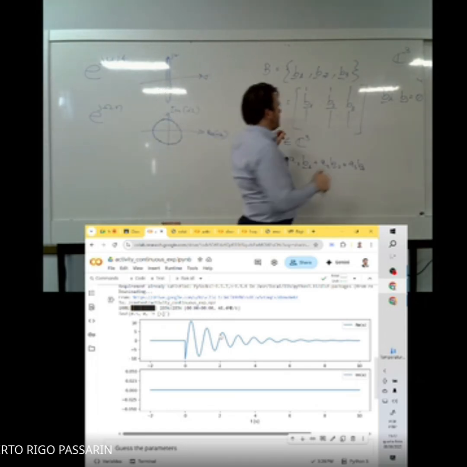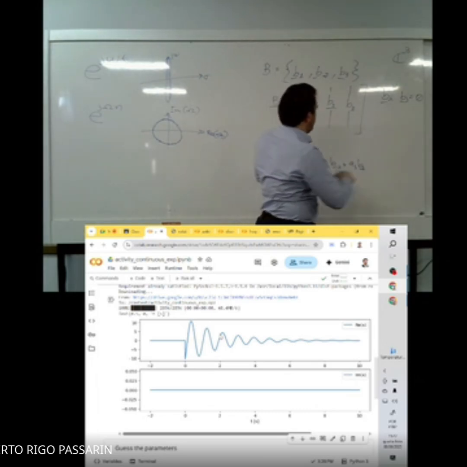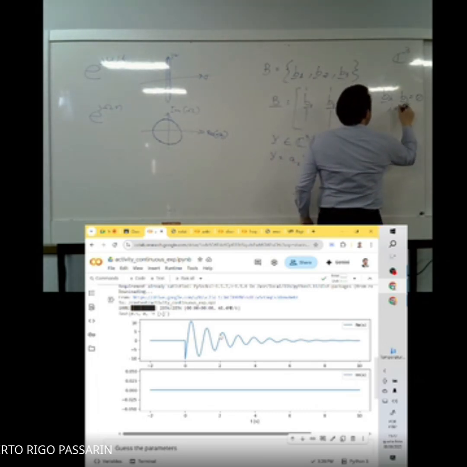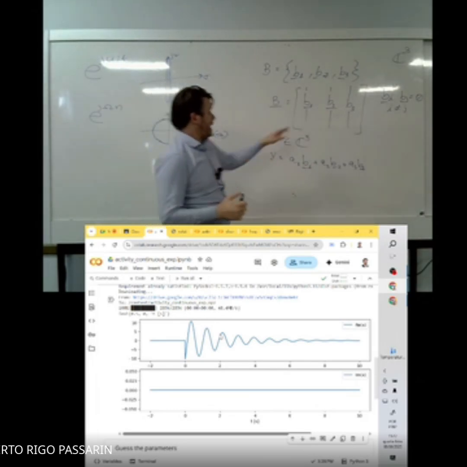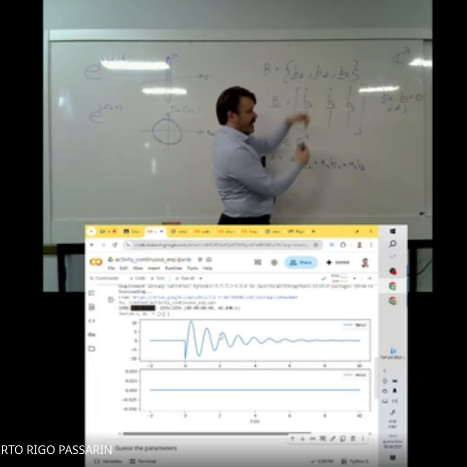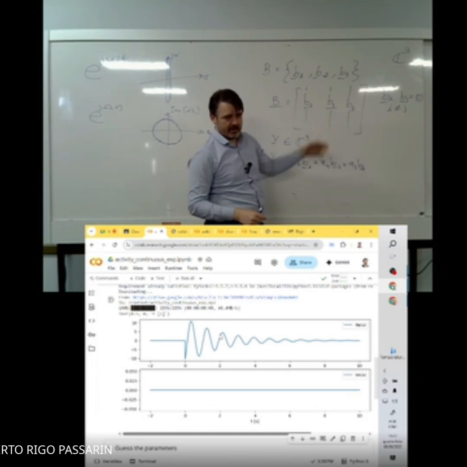So if I do the inner products of each pair with i different from j, if I get 0 for every inner product, that means this basis is orthogonal.